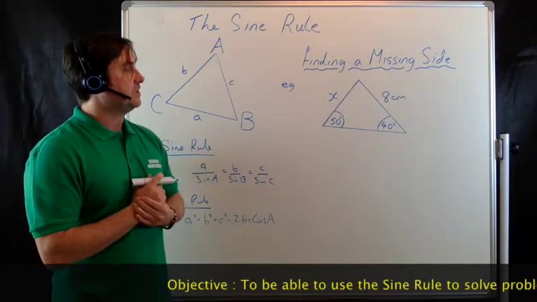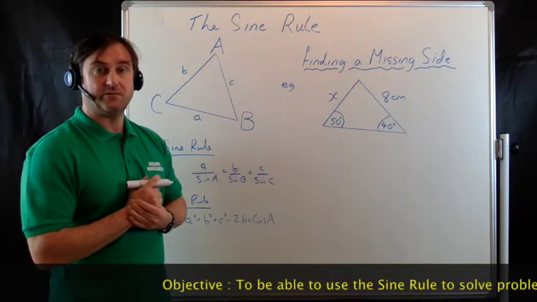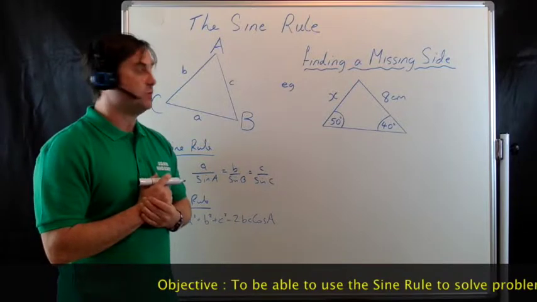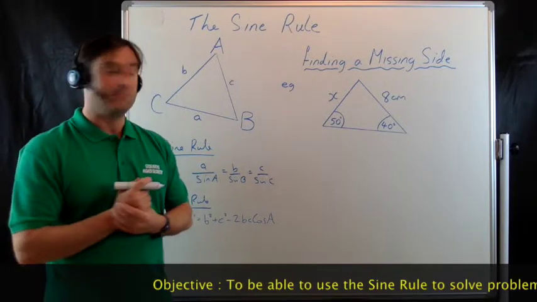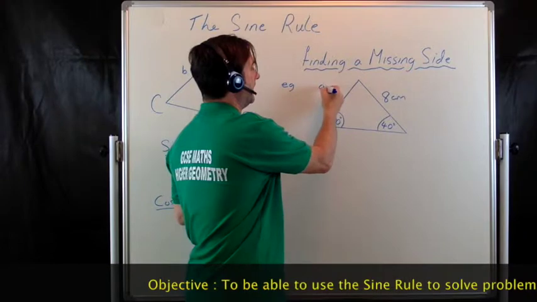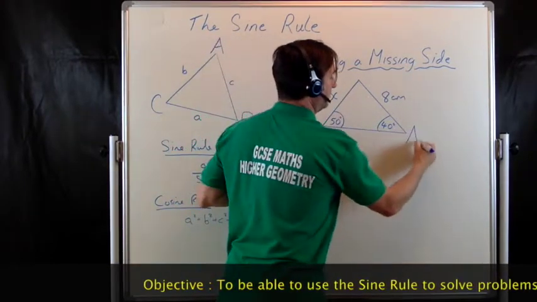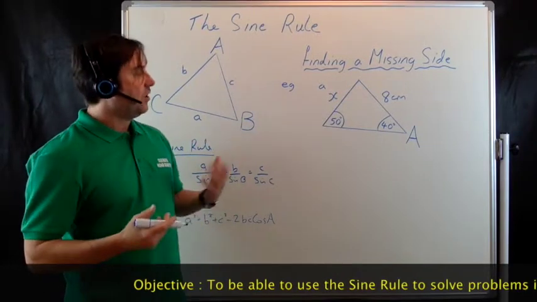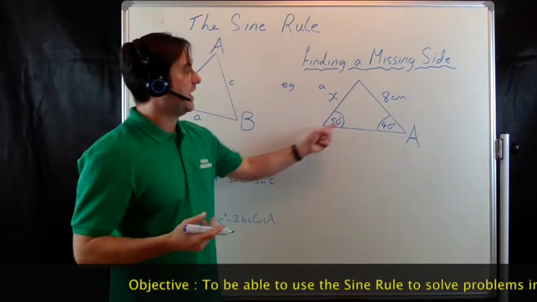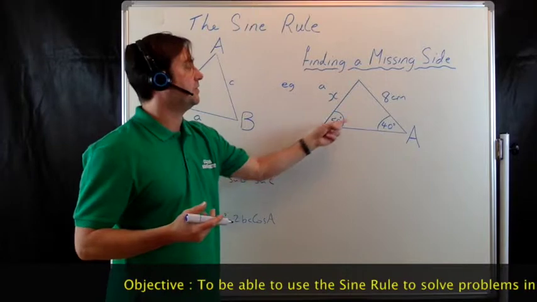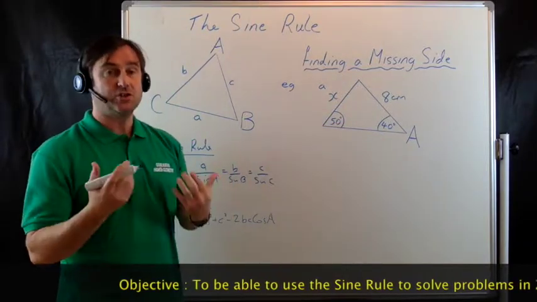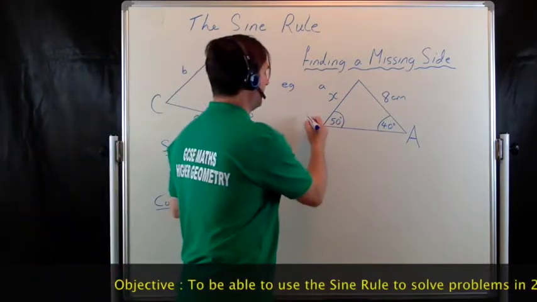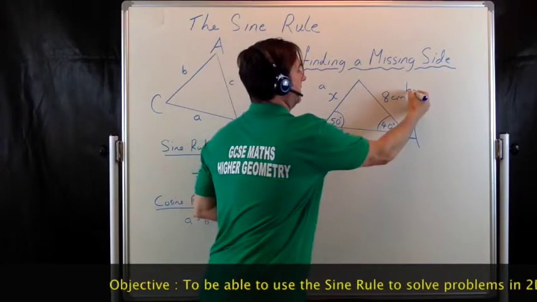First thing we need to do is label this triangle. Always label the side you want to find as a. So if I label this as little a, then the opposite angle becomes big A. Now I'm not going to use B and C. All I now need to do is look at the other side and angle that I know, and we're just going to label that as big B and little b.